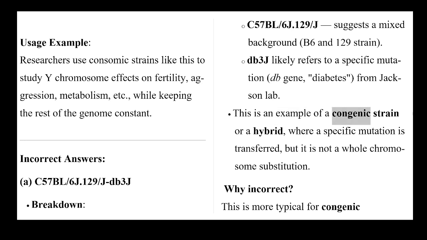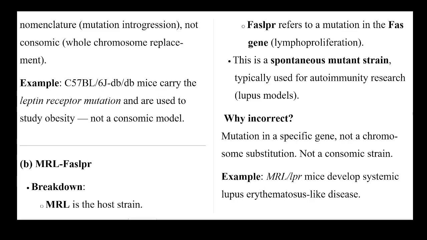This is an example of a congenic strain or a hybrid, where a specific mutation is transferred, but it is not a whole chromosome substitution. Why incorrect? This is more typical for congenic nomenclature, mutation introgression, not consomic, whole chromosome replacement. Example: C57BL/6JDB/DB mice carry the leptin receptor mutation and are used to study obesity, not a consomic model.